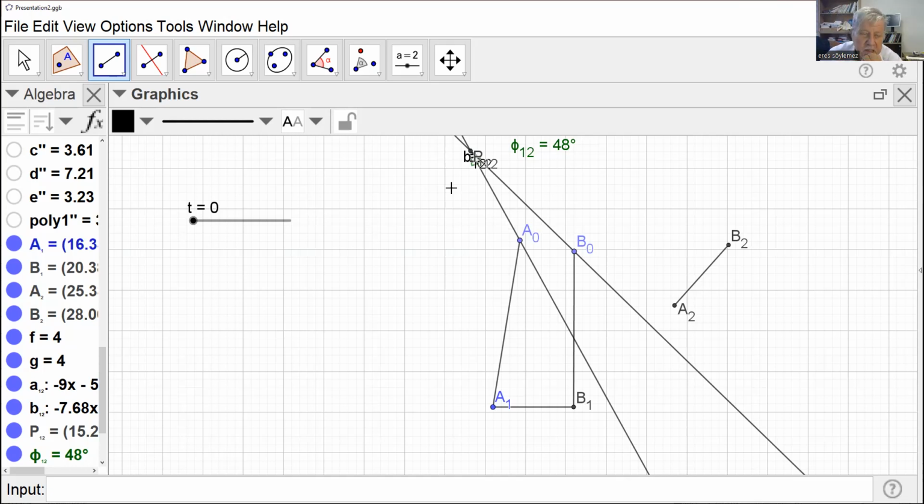Meaning, this 4-bar will also exist. Let me change the color of these links.